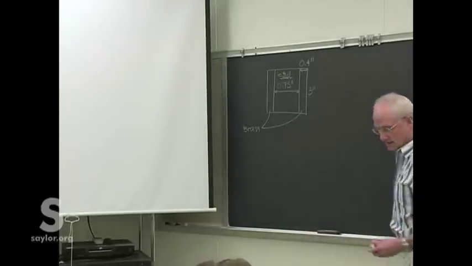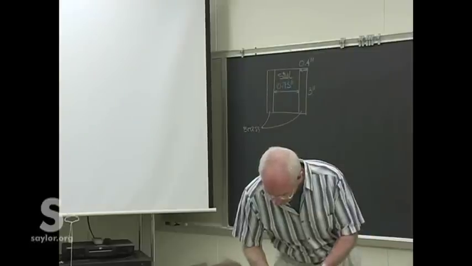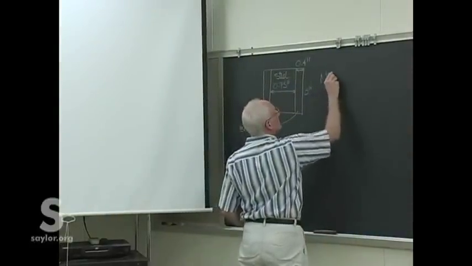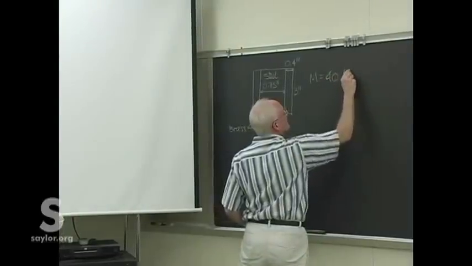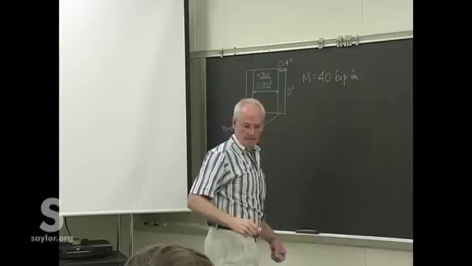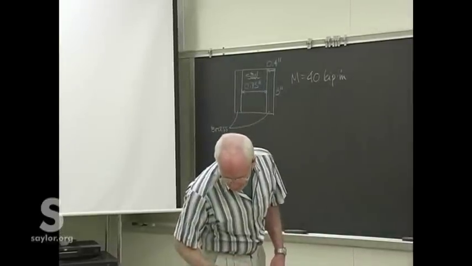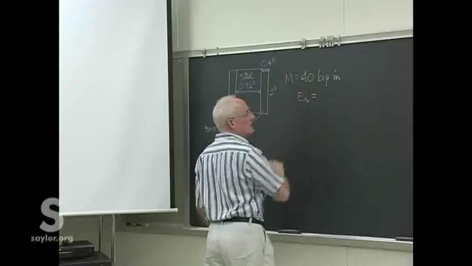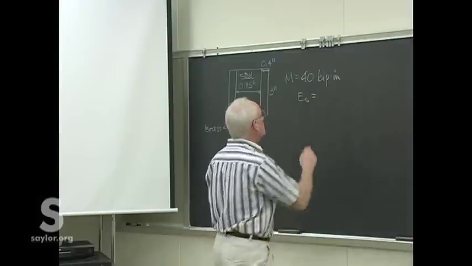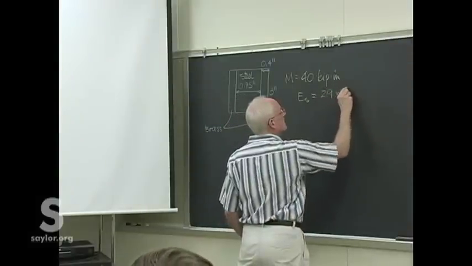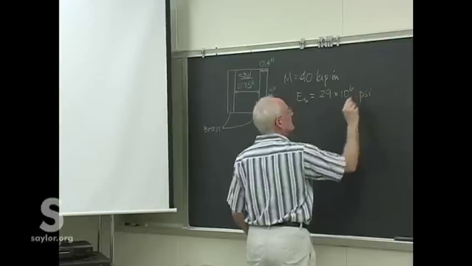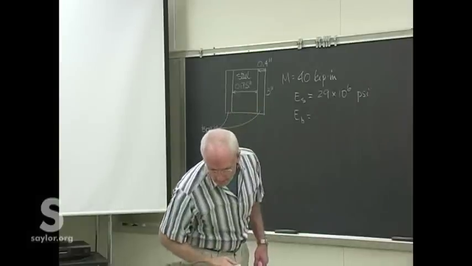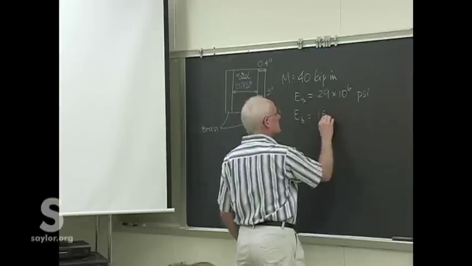All right. The load is 40 kip inches. And the Young's modulus is 29 times 10 to the 6th psi for the steel, and for the brass 15 times 10 to the 6th.